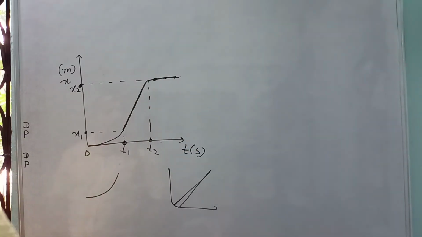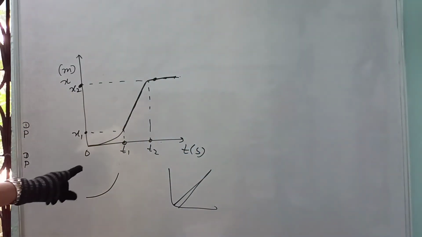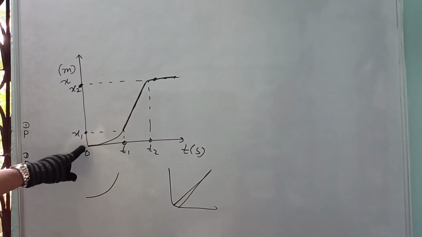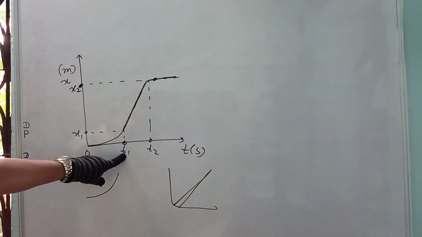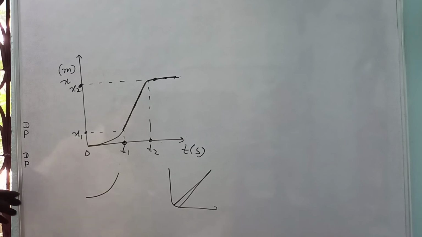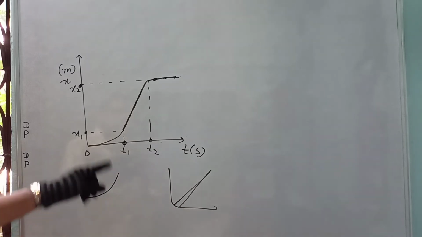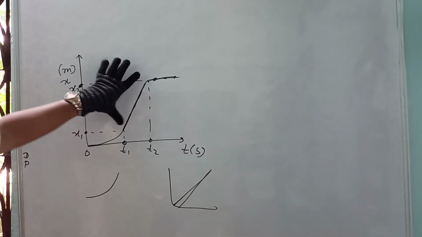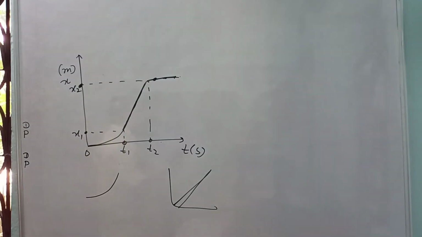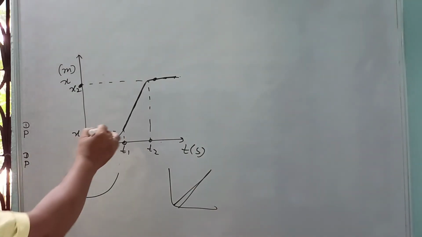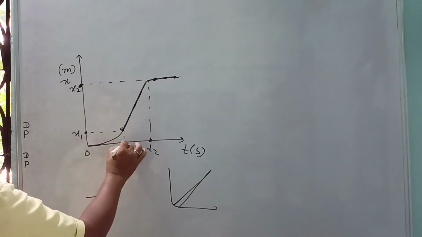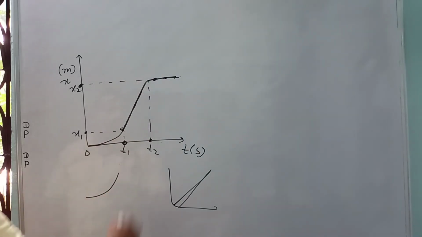So you start your motion from the origin. Up to T1 your speed is increasing, from T1 to T2 your speed is constant, then the body comes to rest.